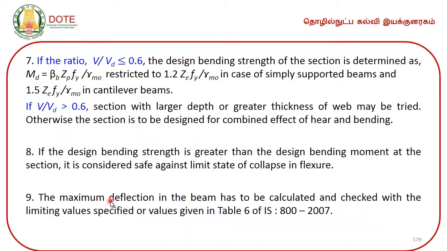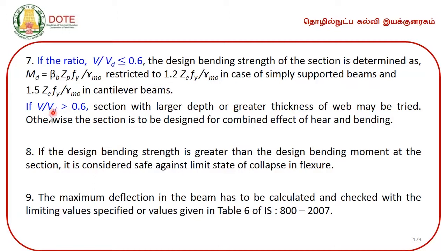And for that section we have to find out the moment carrying capacity or design bending strength by using the expression M d is equal to beta b into Z p into f y by gamma m naught, which is to be restricted to the value of 1.2 times Z e f y by gamma m naught for simply supported beams and 1.5 times Z e f y divided by gamma m naught for cantilever beams.